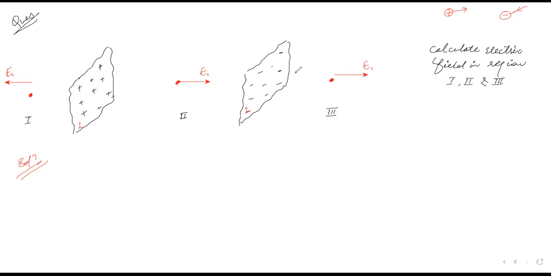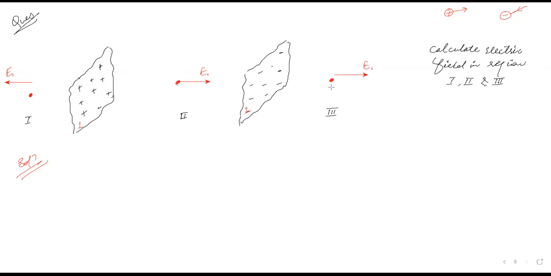Similarly, what will be the direction of the field due to the negative charge in region 3? What will be the direction of the electric field due to the negative sheet in region 3?